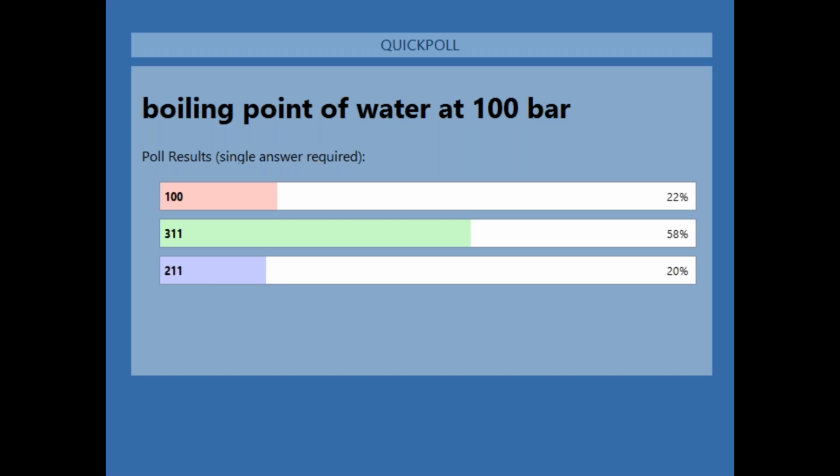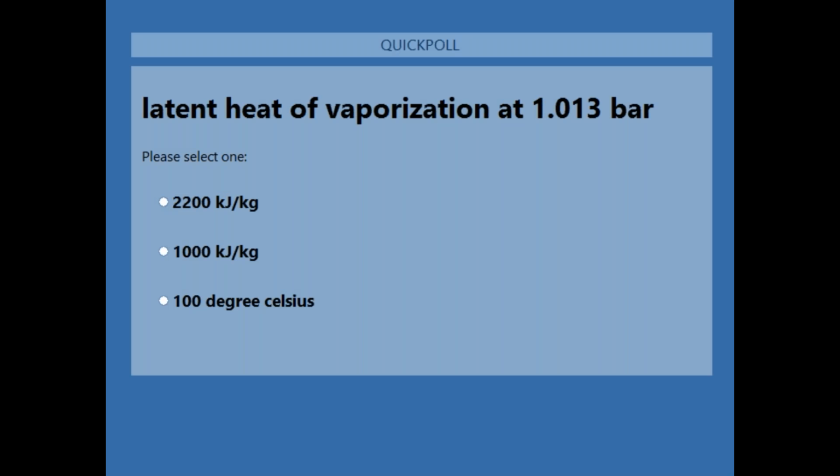So let me hide this now and go to the next question. This is the final poll question. Again, this is to check your understanding of what we had discussed in the last class.